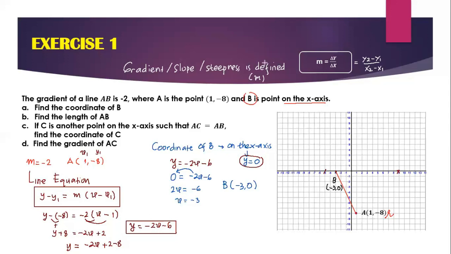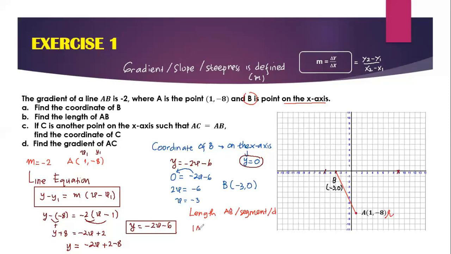Find the length of AB. Now we go back to the definition of length. What's the formula for the length of AB? The length of segment AB, or distance, right?